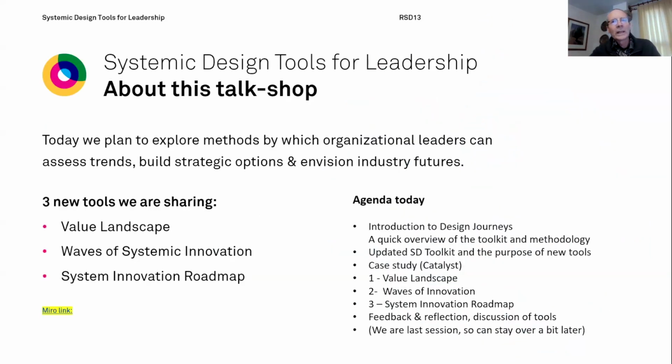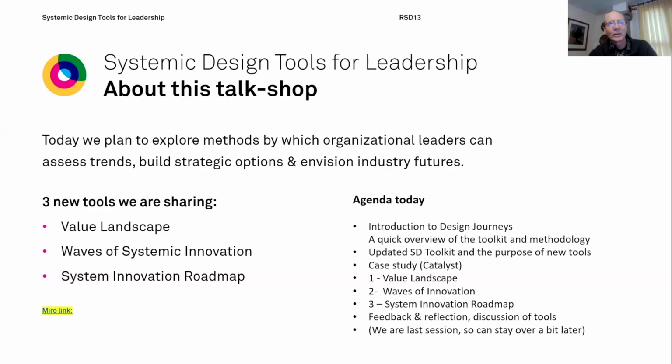Today, we don't really have a workshop. Originally, we thought we could do that, but we don't have the time for full workshopping, so we're calling it a talk shop. There will be an exercise component, and we plan to explore, in this session, several new tools.